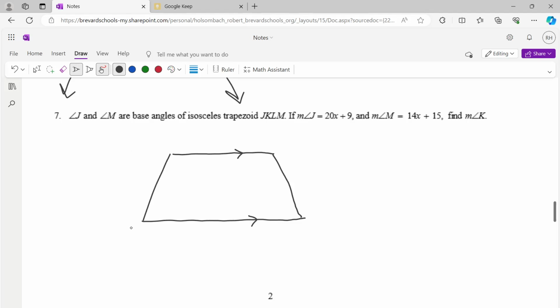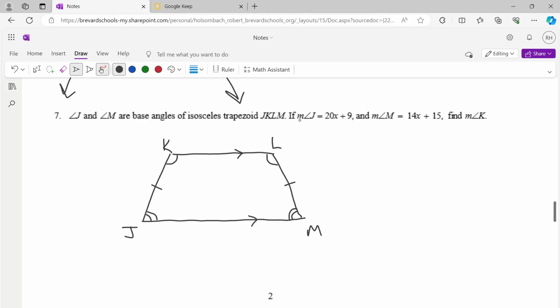J and M. Here's J, here's M. The other two vertices are K and L. Isosceles trapezoid. These sides are congruent, which means these top angles are congruent and these bottom angles are also congruent. Another property of an isosceles trapezoid is that diagonals are congruent.